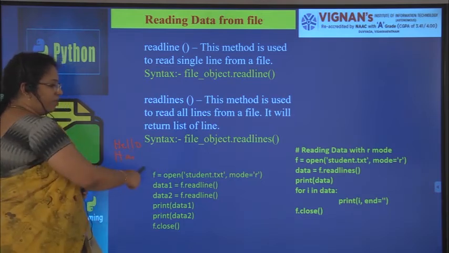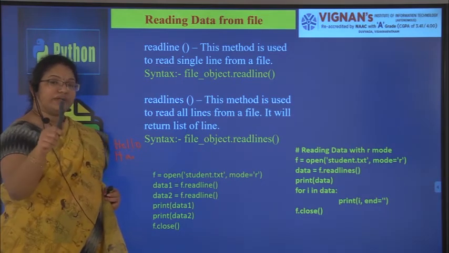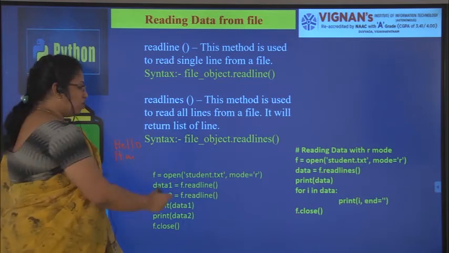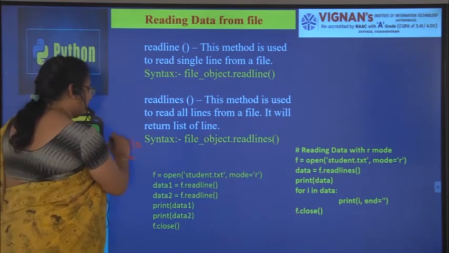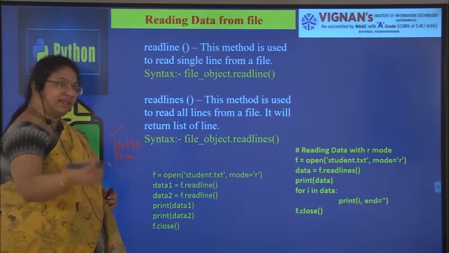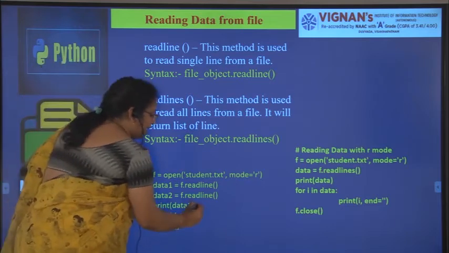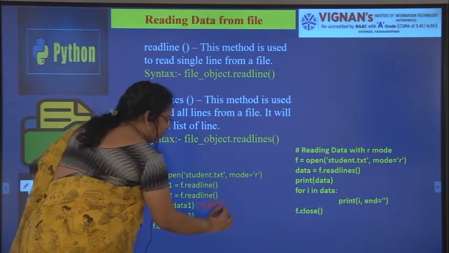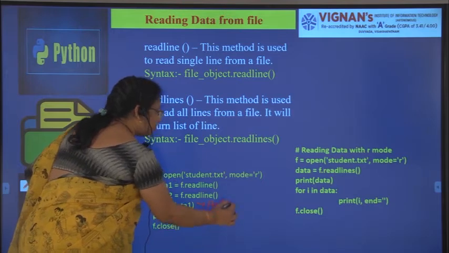So I use the f.readline method, and it is going to read line by line. data1 is equal to f.readline, so it reads the first line. Next, again I write f.readline, so the next line, hi, will be read. If I print data1, hello will be printed. If I print data2, hi will be printed.